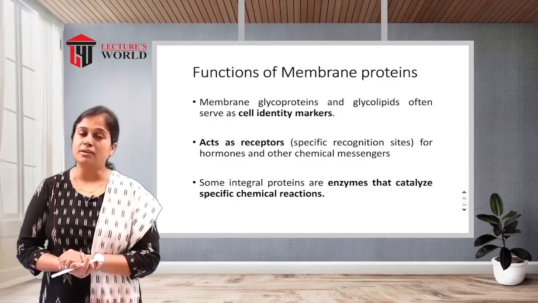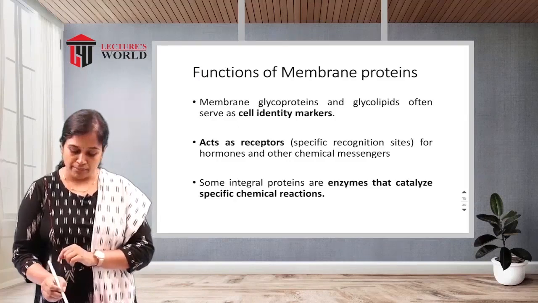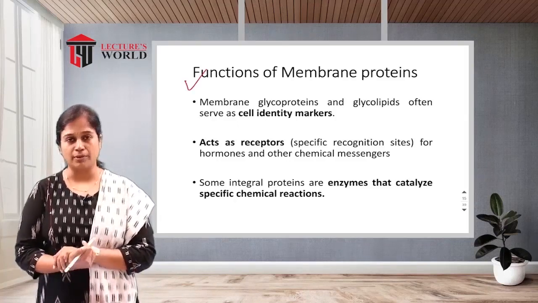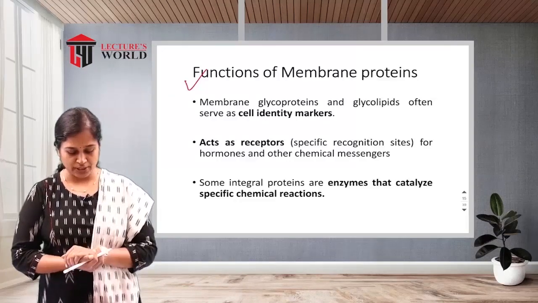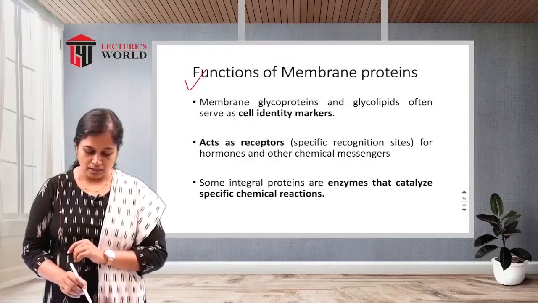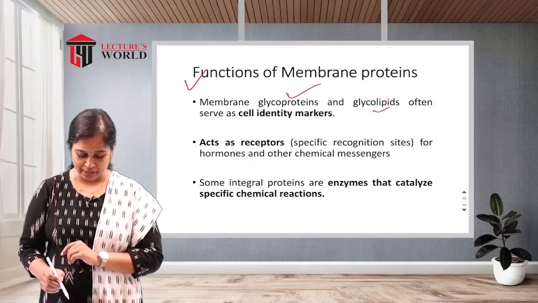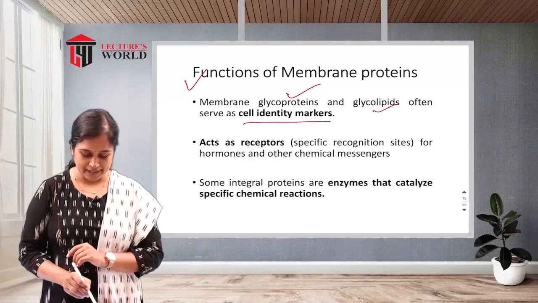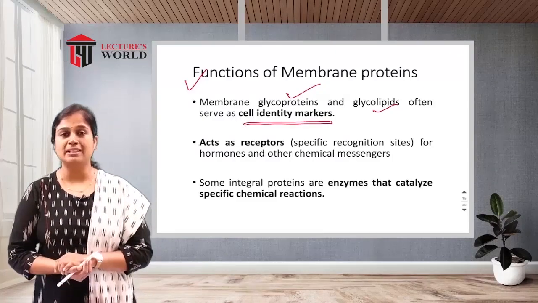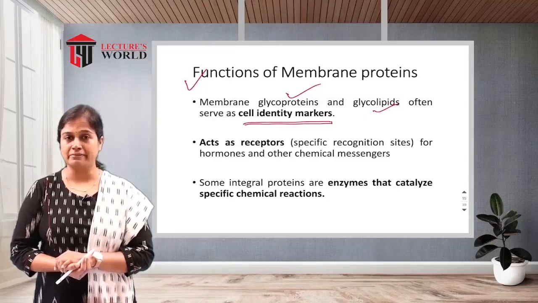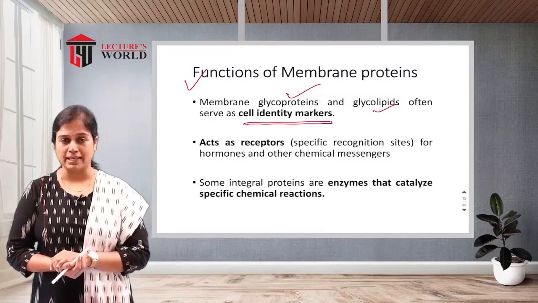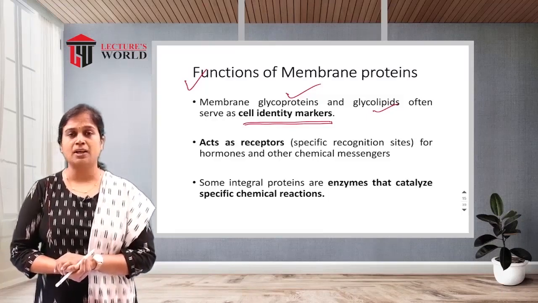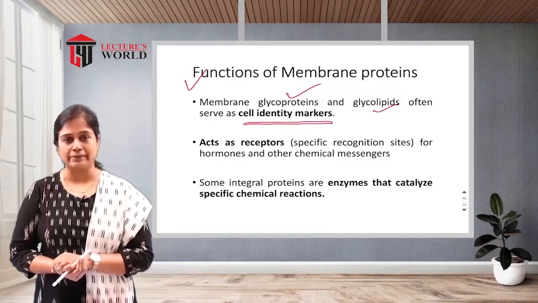Now the functions of the membrane protein. What are the functions of the membrane protein? The first function is of the glycoproteins and the glycolipids. They serve as a cell identity marker. That means it differentiates between the self cell and the non-self cell.